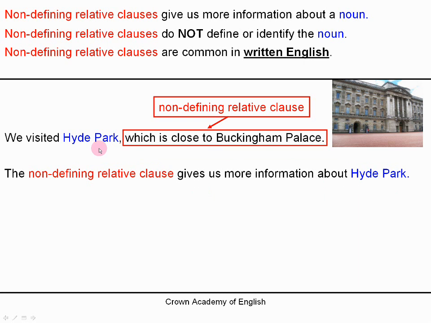So this is the noun, Hyde Park. It is a famous park in London. And so the non-defining relative clause simply gives us more information about the park, about the noun. So it's like a commentary, an extra commentary about the noun.